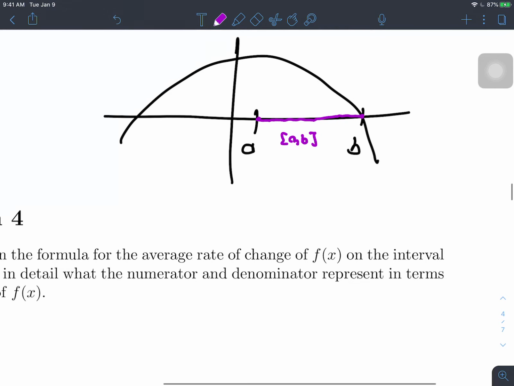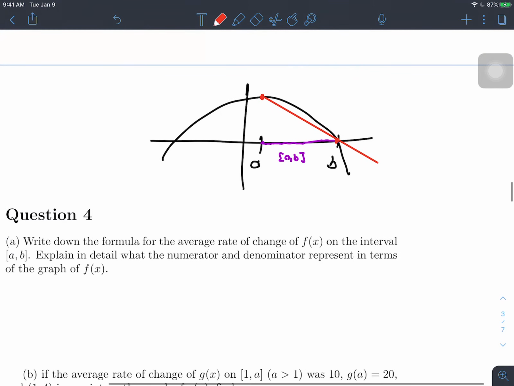And the average rate of change, remember, gives us the slope of the direct path here. If I wanted to find the slope of the line which goes through the points a comma f of a and b comma f of b, I would do rise over run.